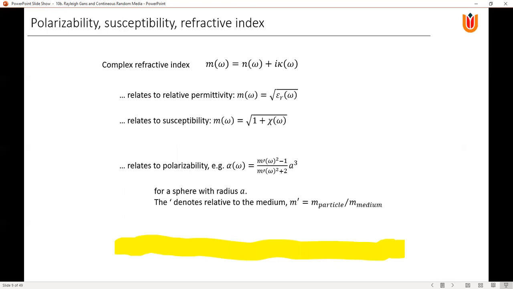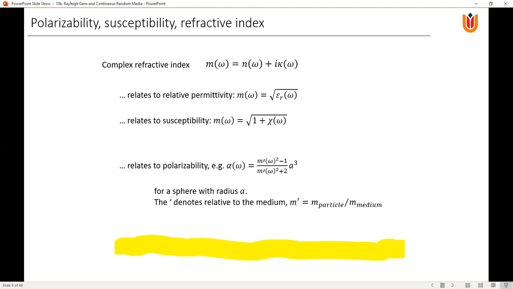What we do know is the relation again with the complex refractive index. The complex refractive index m had a real and imaginary part, n and kappa. That would relate to the relative permittivity, epsilon r, through a square root relationship.